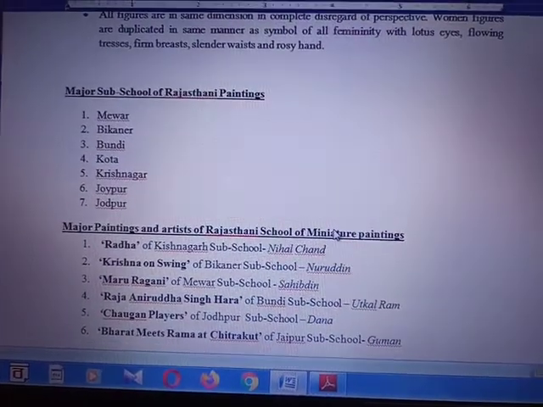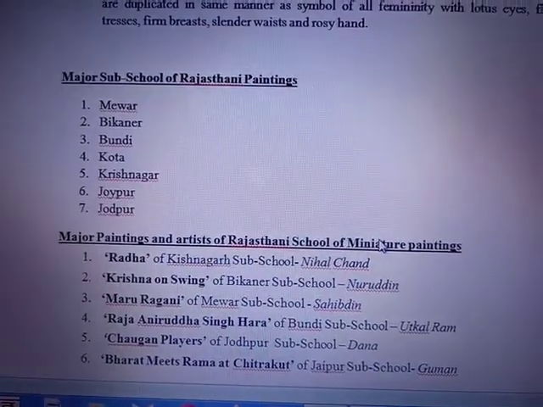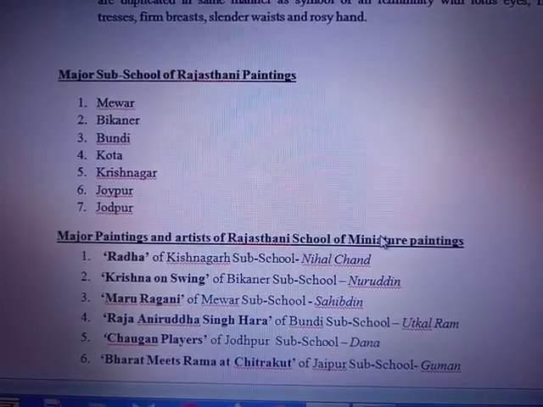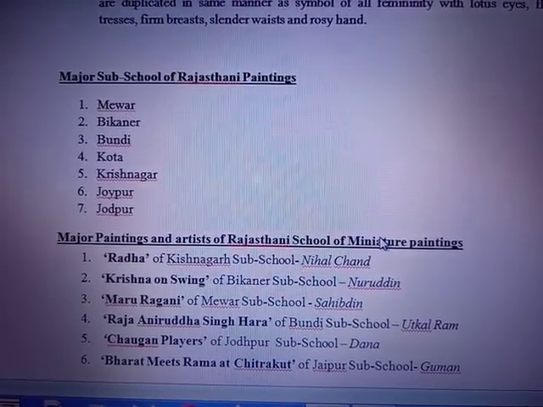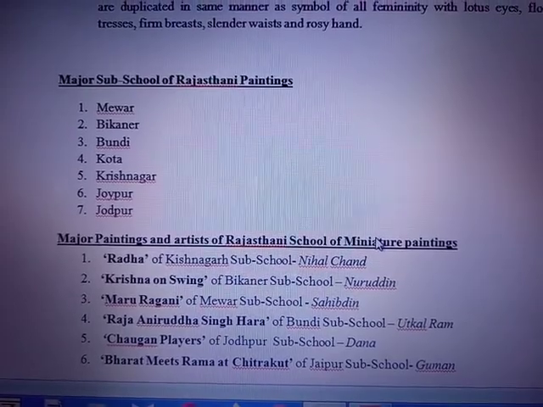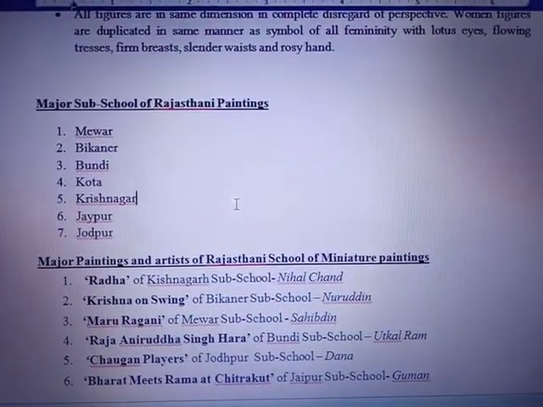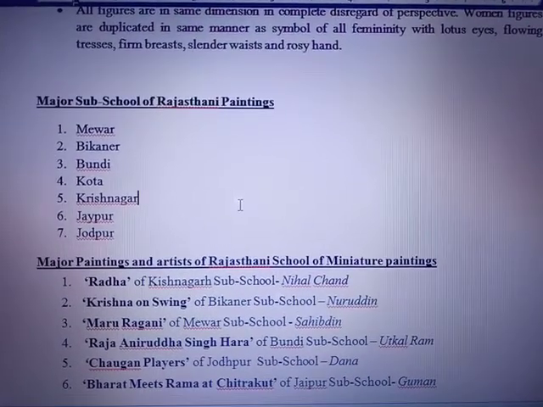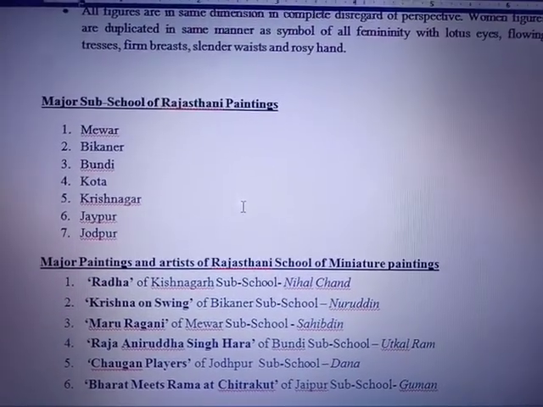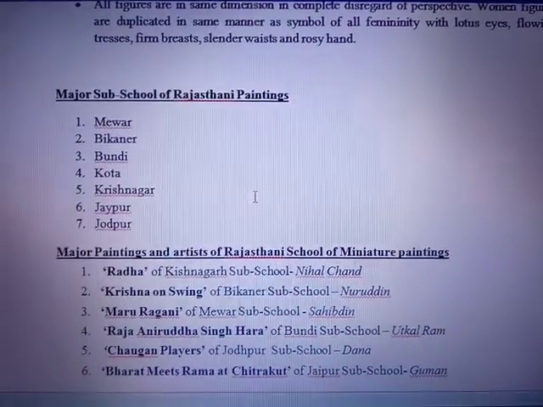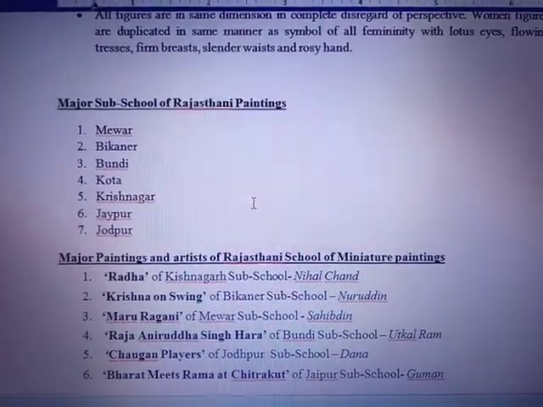Major schools of Rajasthani painting: Mewar, Bikaner, Bundi, Kota, Krishnanagar, Jaipur, Jodhpur. These are the important schools of Rajasthani painting. We'll discuss all those sub schools in our upcoming videos.